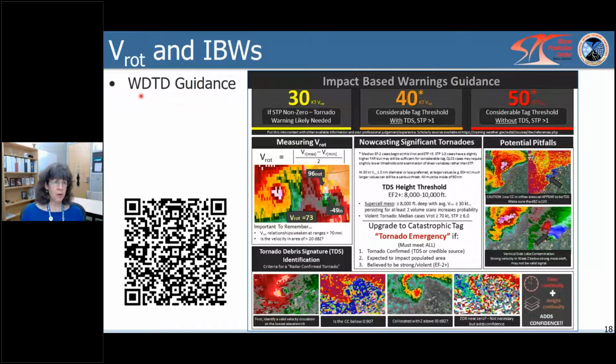My former employer, the Warning Decision Training Division, has guidance that is related to impact-based warnings, such that you could be perhaps assigning a considerable tag where it doesn't belong by looking at an incorrect rotational velocity. This QR code that Evan provided us will take you to this graphic if you'd like. It's also available on WDTD's website.